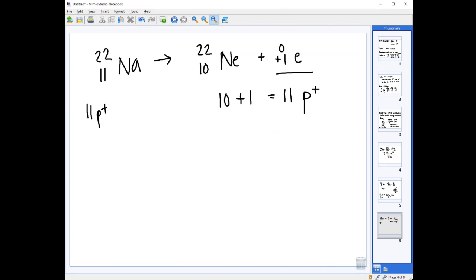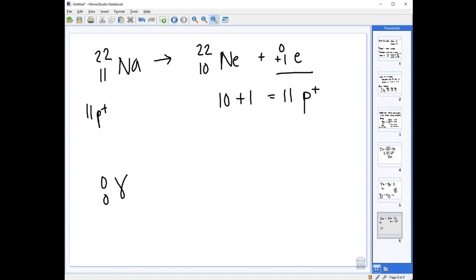Okay. We can also have gamma radiation. Okay, gamma radiation does not result in the release of particles. So when you look at the symbol for gamma radiation, you'll notice a 0 for A and a 0 for Z, because it's not a particle. Okay, so gamma radiation is not a particle. It is electromagnetic radiation of very short wavelength.